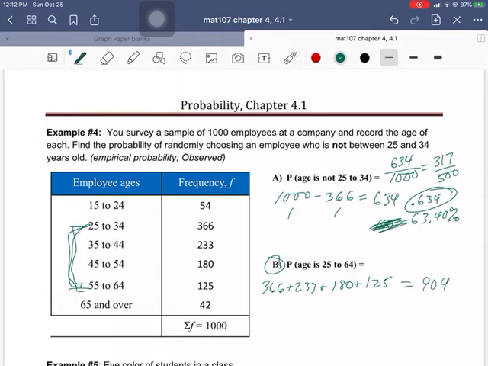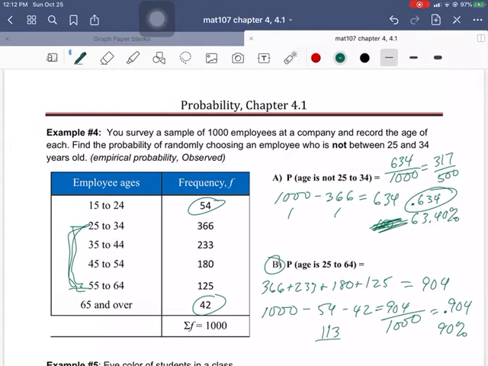Or you can take all of them and subtract the ones that are not, this one and this one, and still get your 904. So 904 over 1,000, the decimal is that, or 90% of the people, approximately rounded to the whole number. The percentage is 90% fall in that category. 10% don't fall in that category.